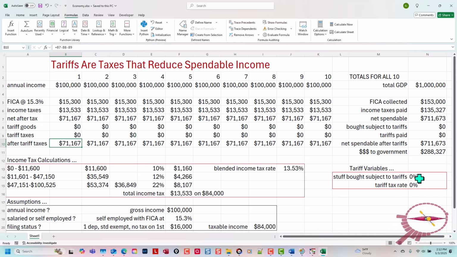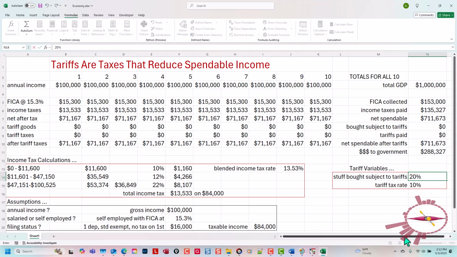Now, this situation changes dramatically if we start adding in some tariff tax on items bought subject to tariffs. Let's assume, for instance, that we're going to be buying items subject to an average tariff tax of 10%, and we might spend, let's say, 20% of our disposable income, in this case $71,000 and change, on tariffable items.